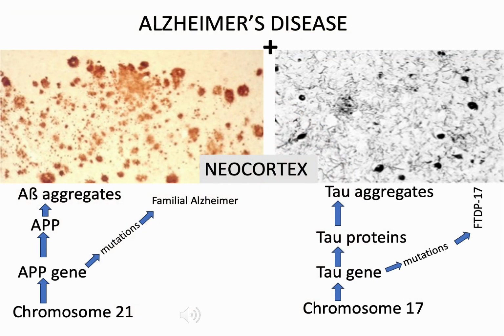The ultimate conclusion for this first part is that Alzheimer's disease is characterized by two different brain lesions in the neocortical gray matter. These two lesions coexist, but there is no strict spatiotemporal relationship between them.